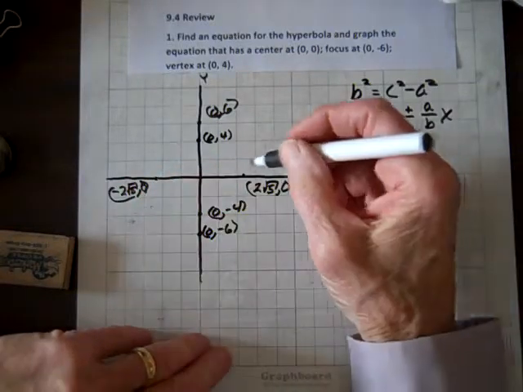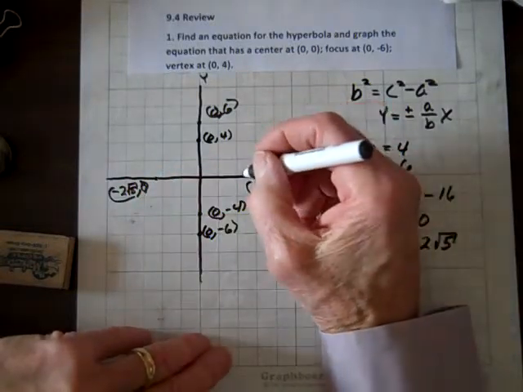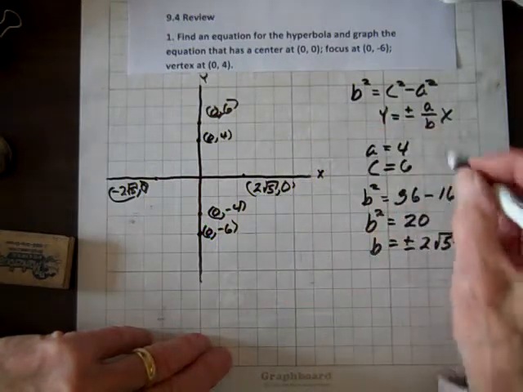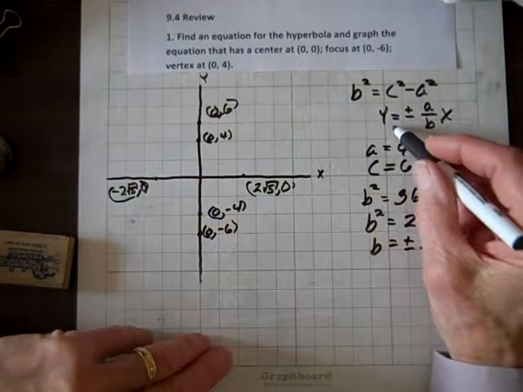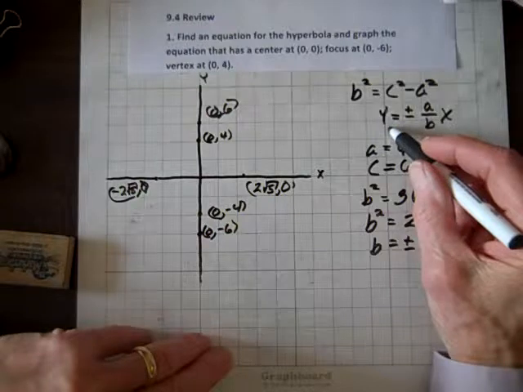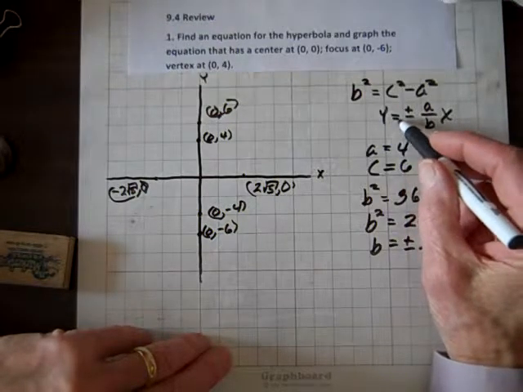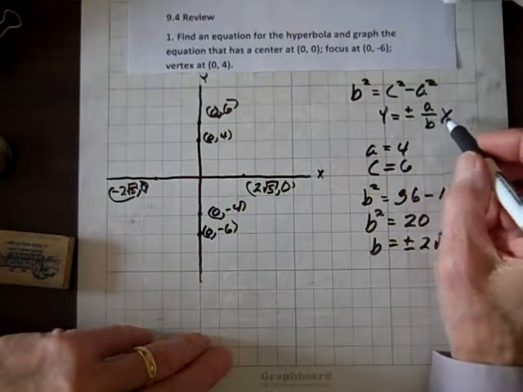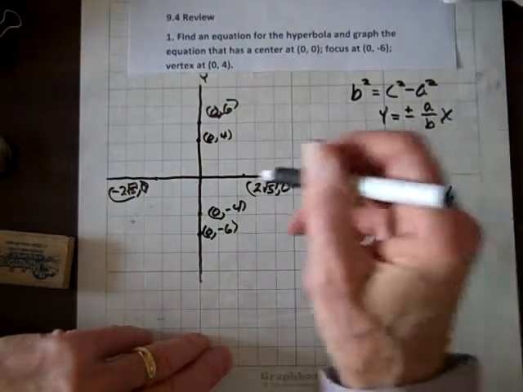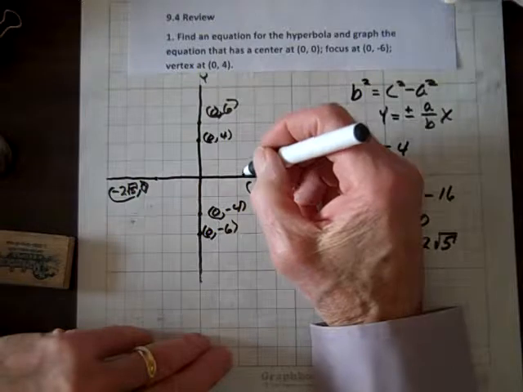Now there's a way to graph that's pretty handy. The asymptotes for this graph are formed by the lines y equals plus or minus a over b x. So we're just going to draw a box.